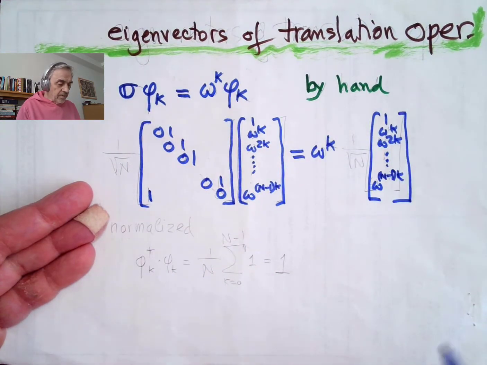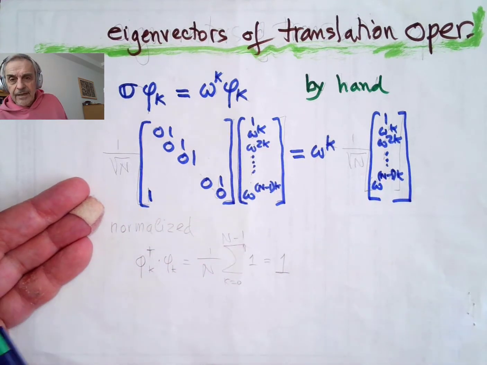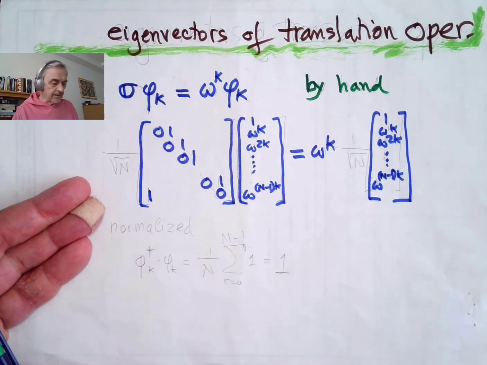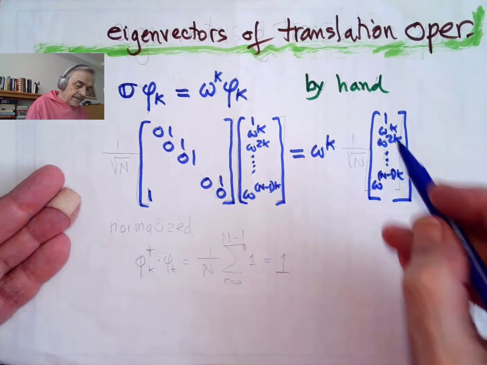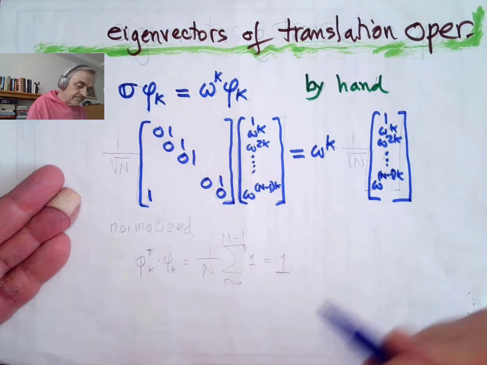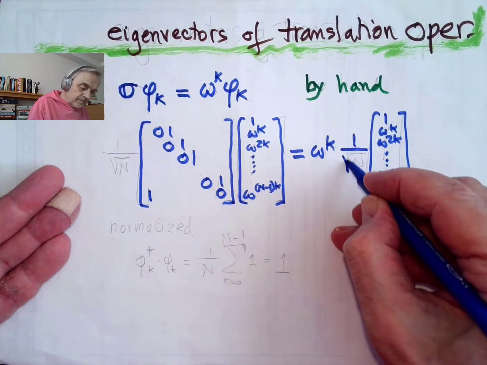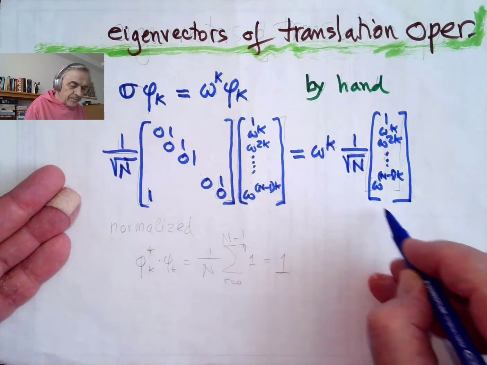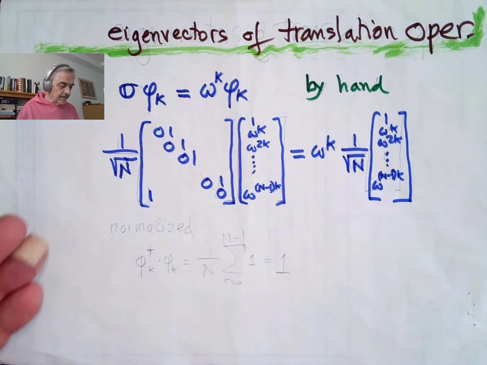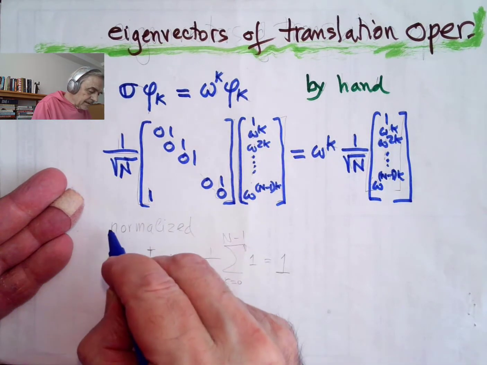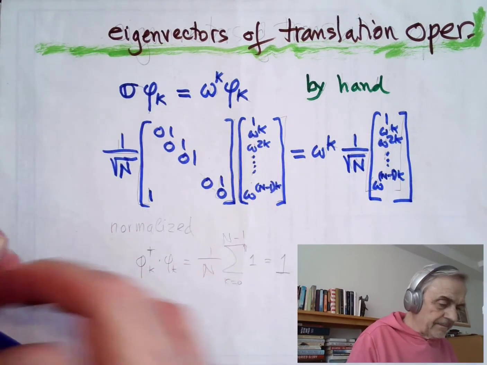Now, usually eigenvectors can be normalized any way you want, but it's very natural to require that they be unit eigenvectors. There are n components here, and if I put 1 over square root of n and absorb that into the definition of the eigenvector, then this will be normalized correctly.